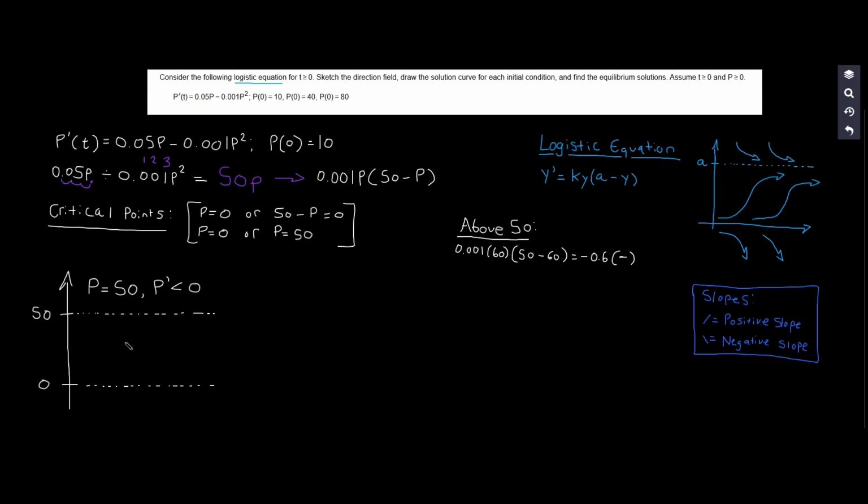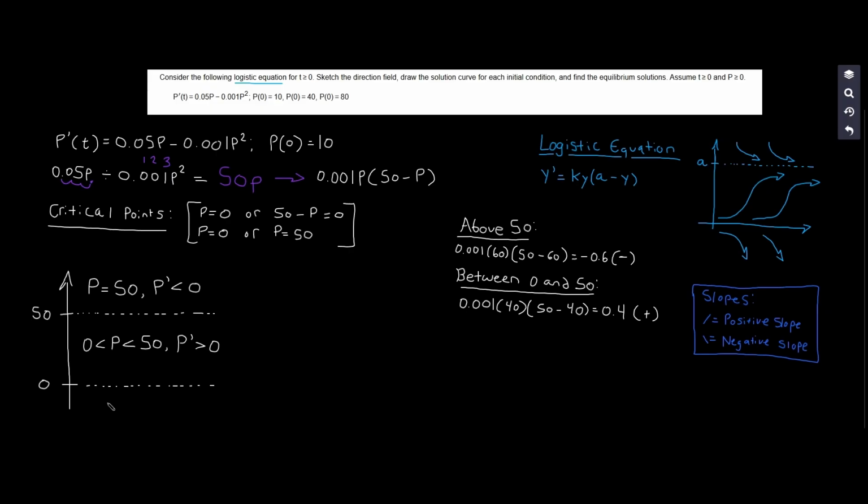Now we want to find if the middle sector is going to be negative or positive. We have to plug any number between 0 and 50 into our equation. How about we plug in 40, since that's between 0 and 50? The answer is going to be 0.4, which is positive. That means this middle sector will be positive.